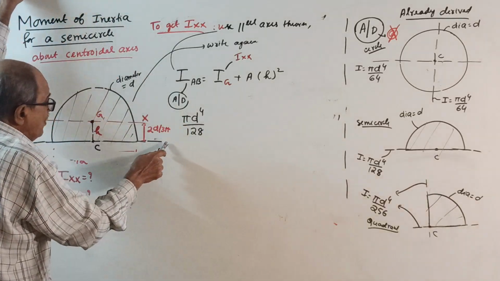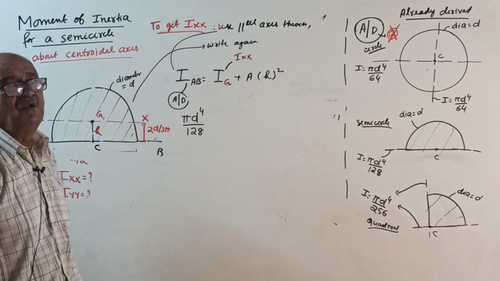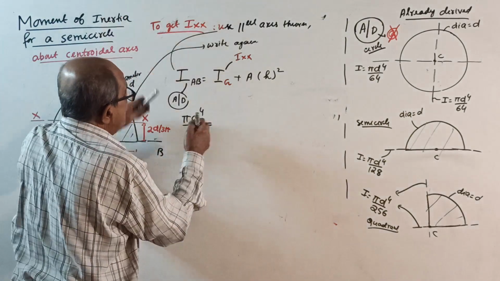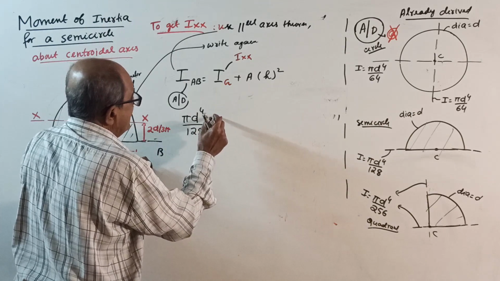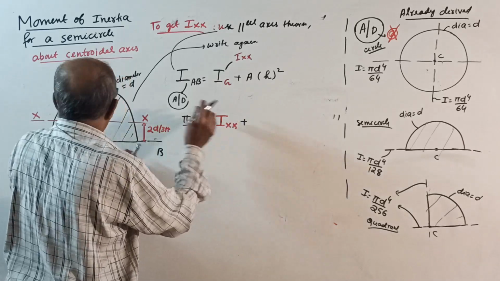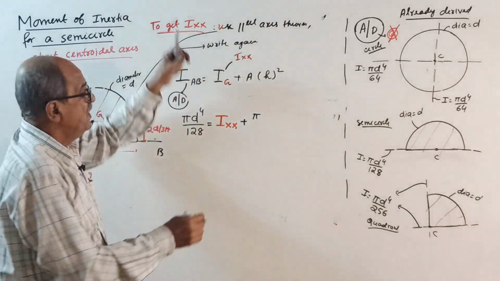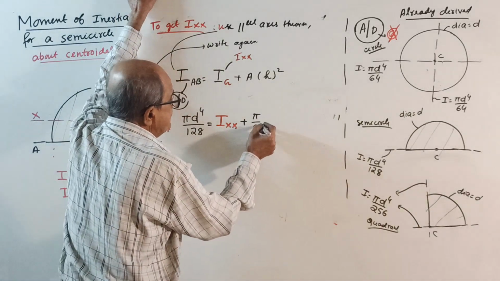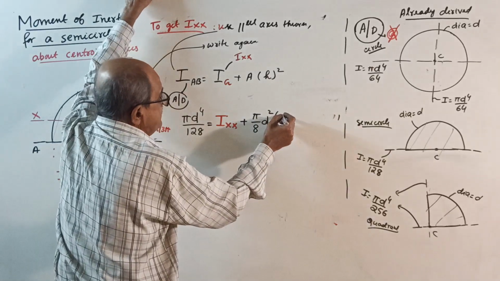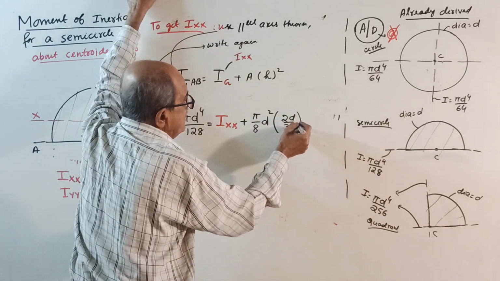We know that I about the base of a semicircle, about a diameter, is already derived. It is half that of the full circle. Using IG equals IXX plus area times distance squared: the area of the semicircle is pi by 8 d square, into H square, where H is 2d by 3 pi, whole square.